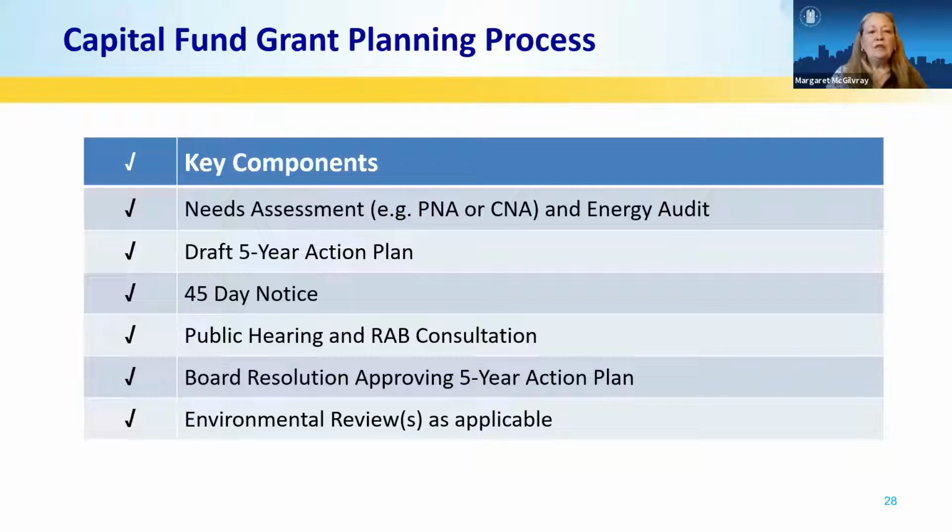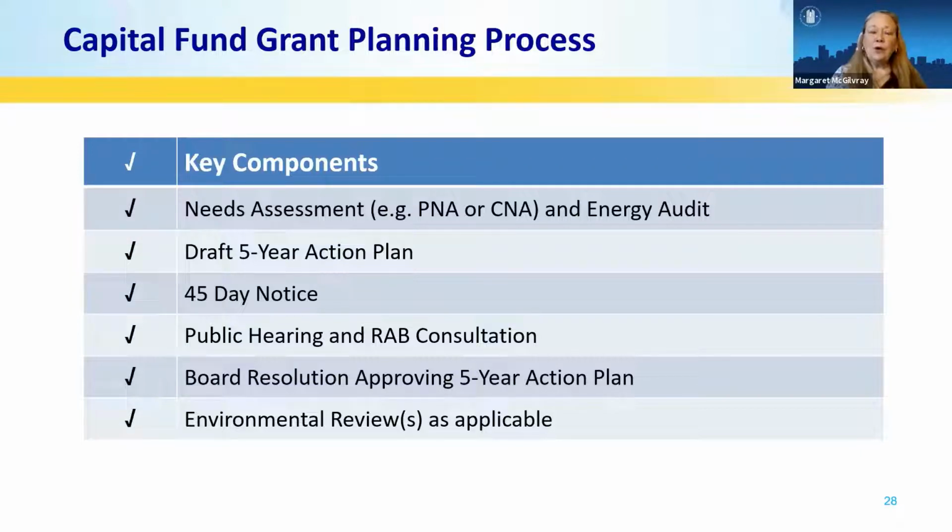Then annually, you have to publish a notice at least 45 days ahead of when you want to approve that annual plan, capital fund annual plan, and have a public hearing and provide the public an opportunity to comment on that plan and review it.